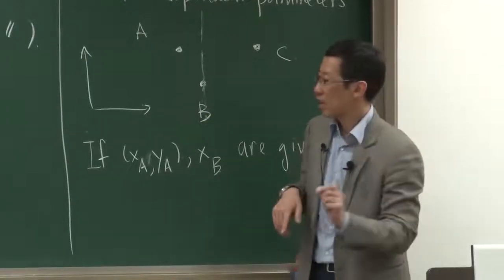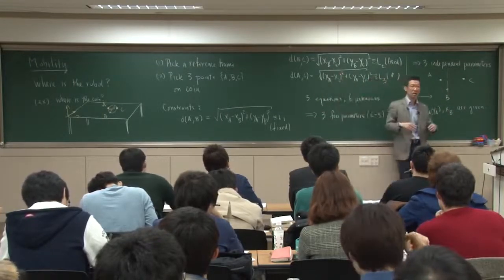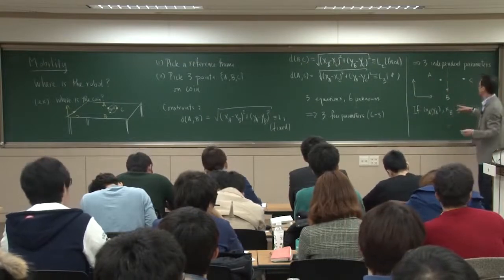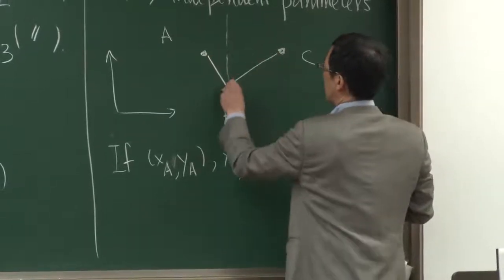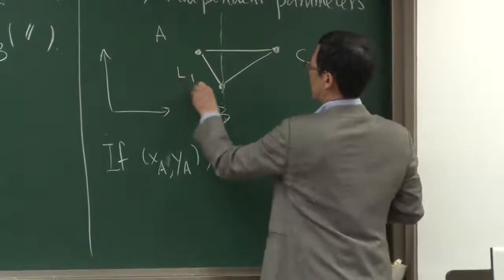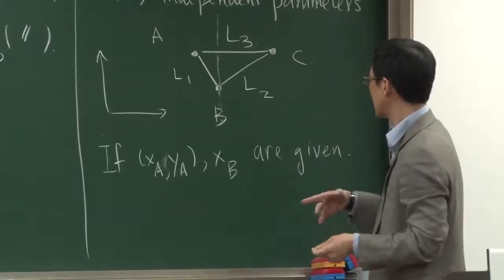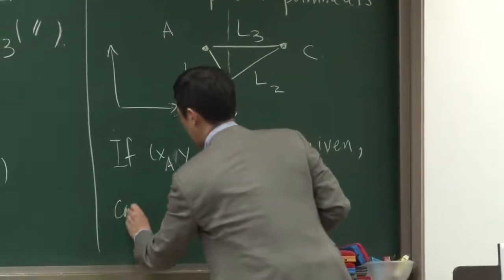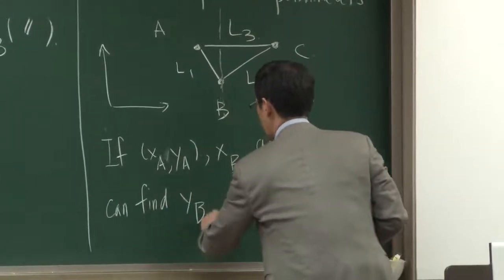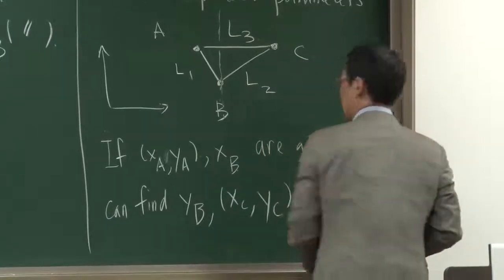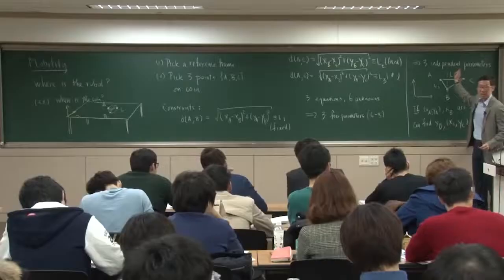Then using these 3 constraint equations, 1, 2, 3, we can figure out where the points B and C are. This distance is L1, this distance is L2, L3. Using the constraint equations, we can find the remaining coordinates, YB, XC, and YC. So that's what I mean by there being 3 independent parameters.